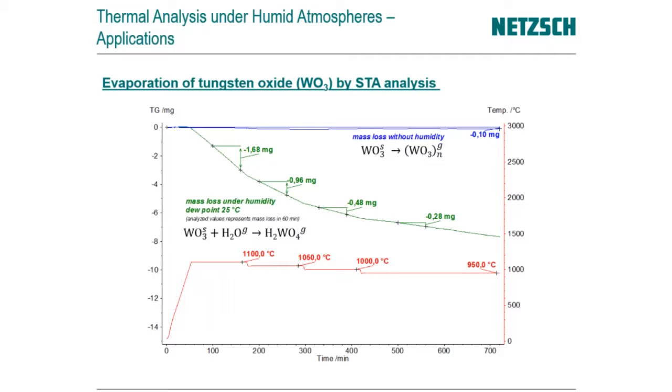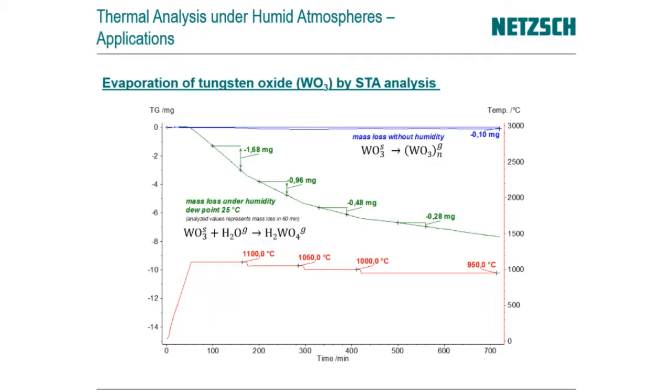And this tungsten oxide acid is highly volatile, and therefore it can be easily evaporated at 1000 degrees C. So here you see that we have really chemical interaction building up new compounds which have a completely different physical behavior than the previous one.